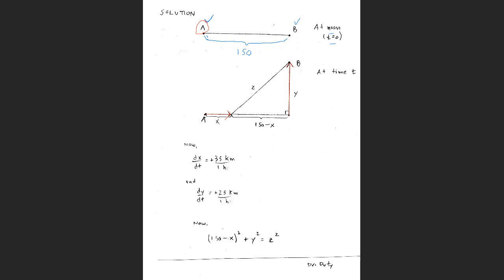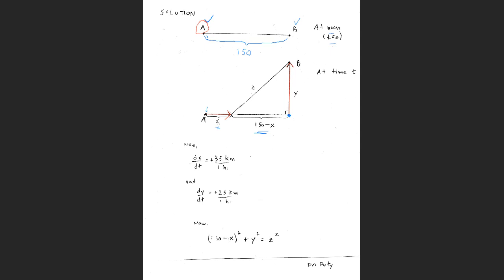It's not too much time t, but this is certainly what we would see. Ship A is sailing east at 35 kilometers per hour, and it goes a distance x. If ship A goes east a distance x, it still would have to go a distance of 150 minus x to reach the point where B started.